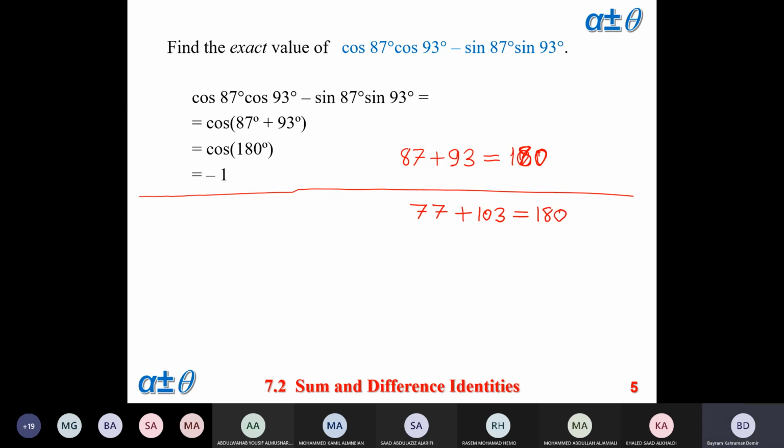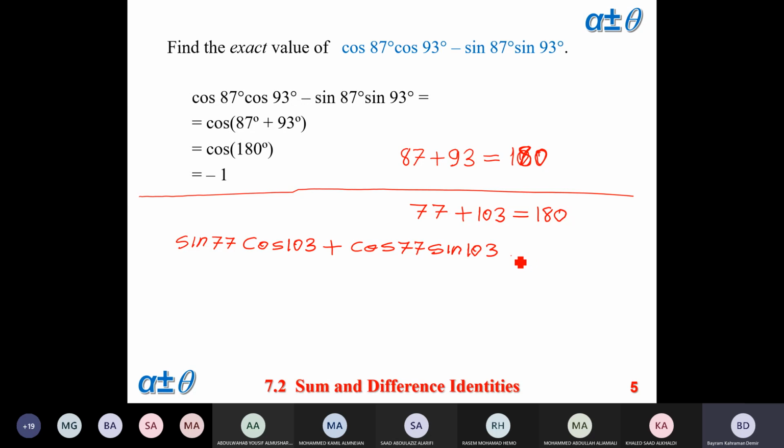Yes. So now I can ask you, calculate sine of 77 cosine of 103 plus cosine of 77 sine of 103.